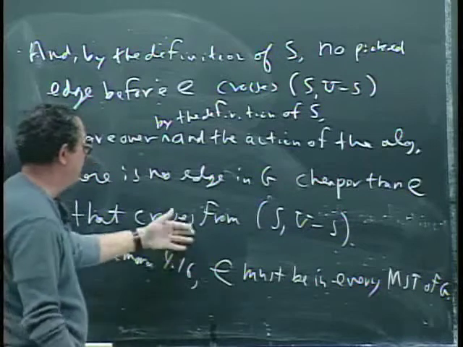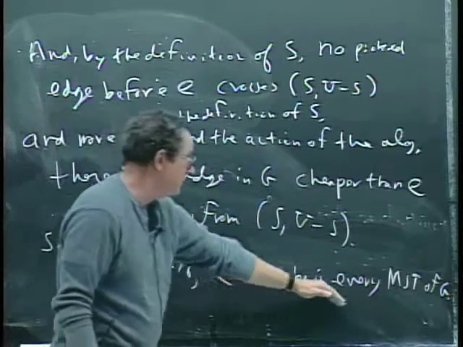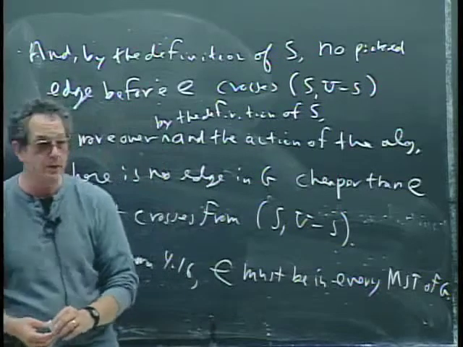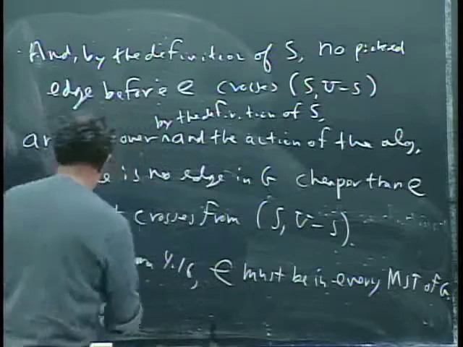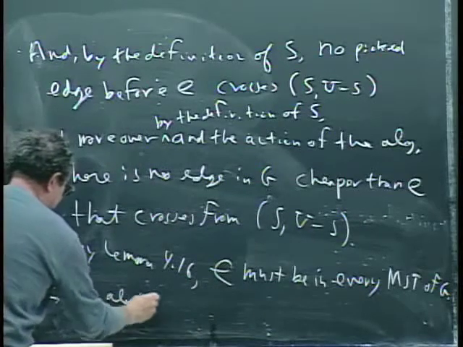So there can't be any edge that's cheaper than E. And so by this lemma, E must be in every minimum spanning tree. So this says that Kruskal's algorithm is correct.